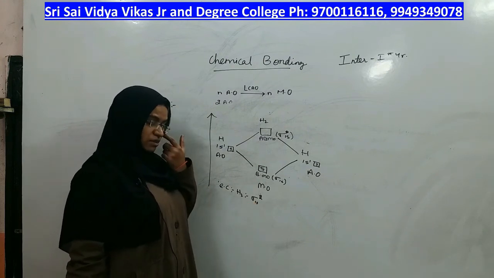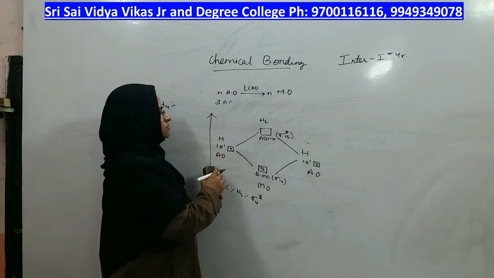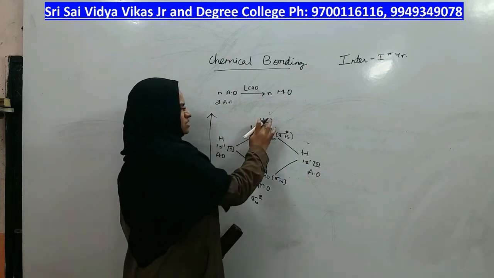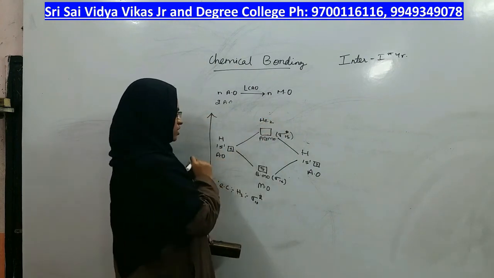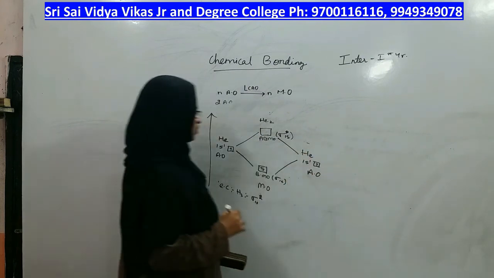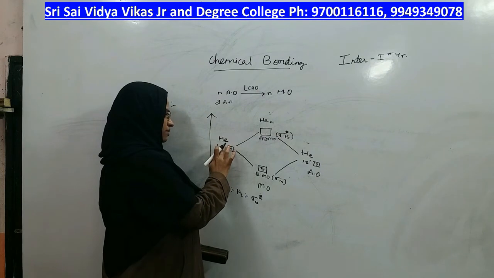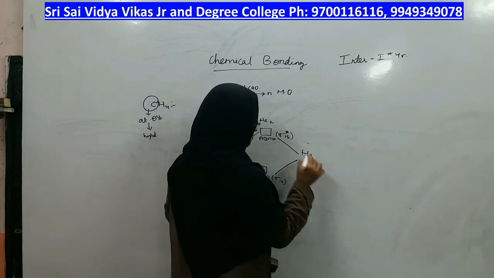Right? So now let us apply the same energy profile diagram for the helium molecule. I will make a change for the helium molecule here itself. This is the helium molecule: helium atom 1, helium atom 2. The electronic configuration of a helium atom is 1s2, and the second helium atom is also 1s2.